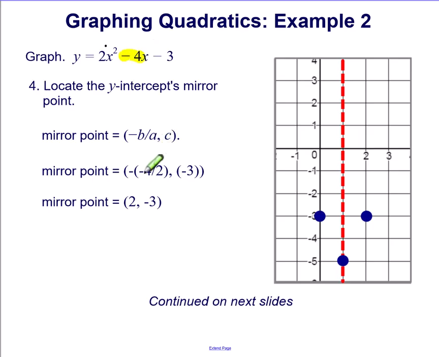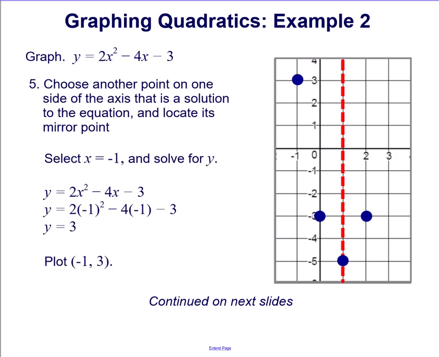So I replace b with negative 4, and the coefficient of x squared is 2. That gets replaced with a. And don't forget, we got two negatives. Negative times negative is a positive. So working all this out, this is going to be 2. So the mirror point occurs at (2, negative 3), which is located right here. So now we have 3 of the points. We just need 2 more.